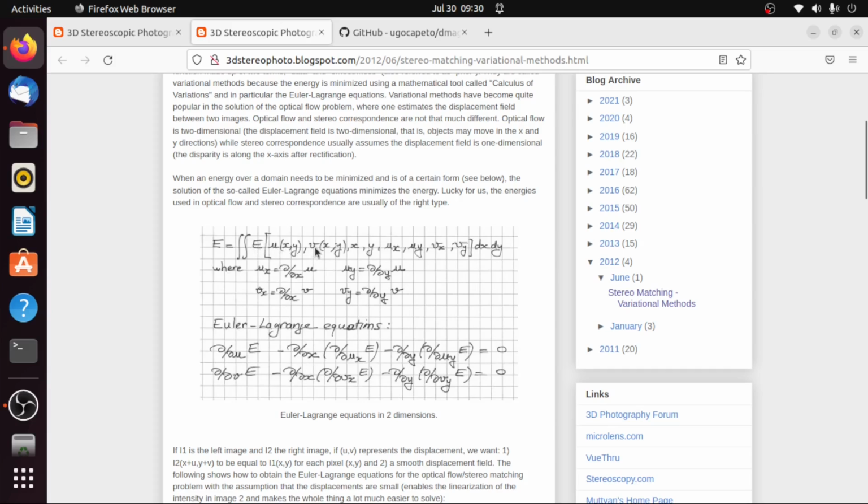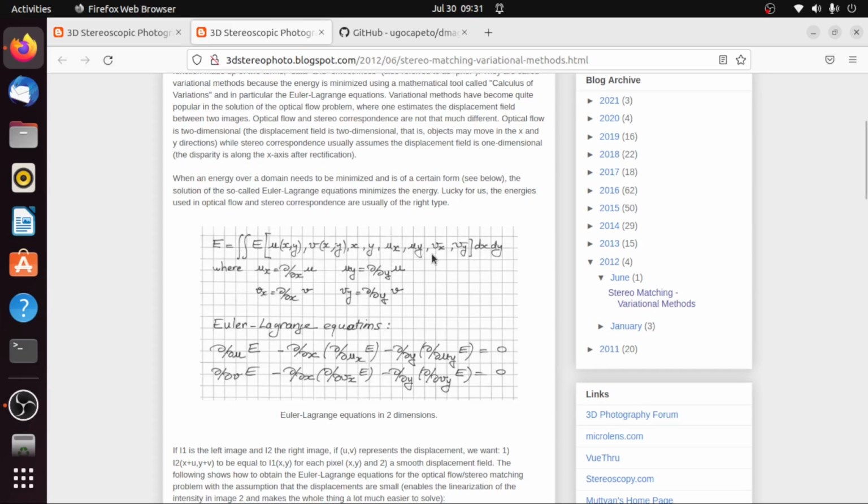So this is in the context of optical flow. Optical flow means that you are interested in the displacements of objects or pixels from one image to another. So that's why you have a UV, which is the displacement field. XY is the position, so that would be like the pixels. XY defines the pixel location.